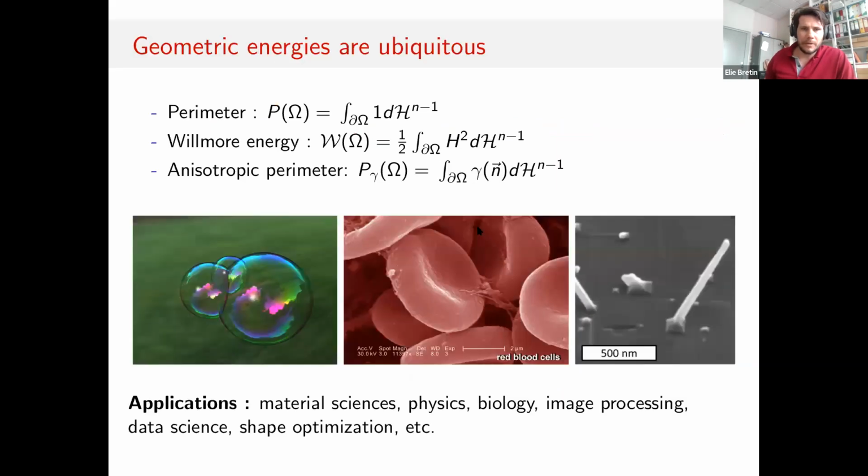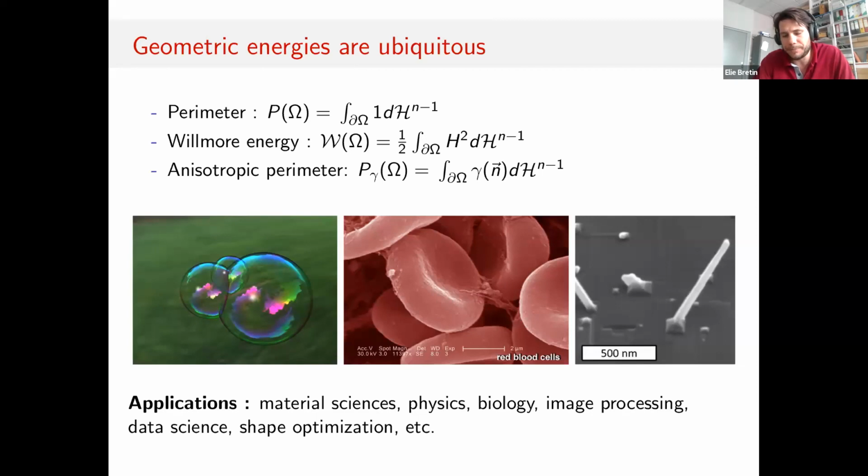So, in fact, a lot of applications like material science, physics, biology, image processing, and data science require a minimization of surface energy, like perimeters, Willmore energy or anisotropic perimeter. I give you some pictures of problems we were interested in some time ago. The first one is an example of a soap bubble, which can be obtained, for example, by minimizing a multiphase perimeter with additional constraints.